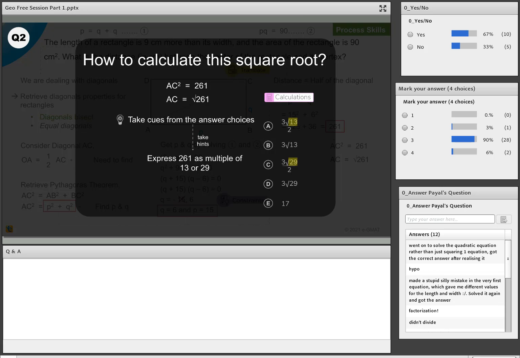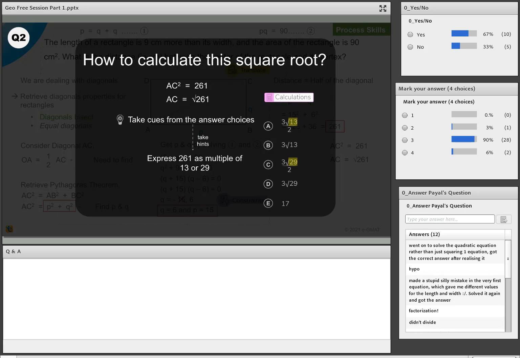So essentially, you're not working in isolation to calculate the square root of 261. GMAT does not expect you to be a calculator, right? GMAT expects you to utilize the information that's given to you and then draw appropriate inferences so that you can make your life easier, so that you can progress further and further in your solution, right?